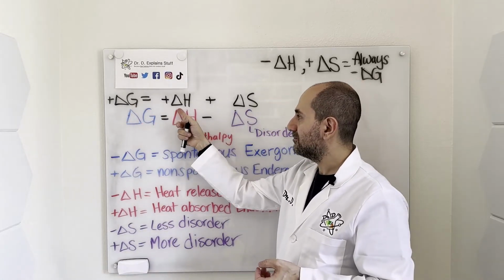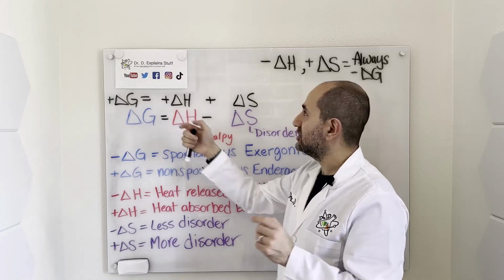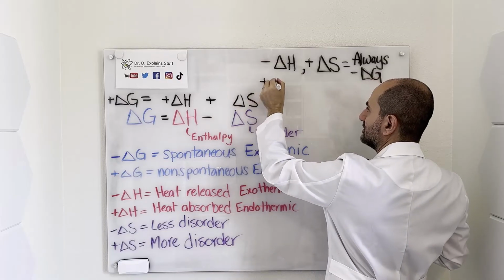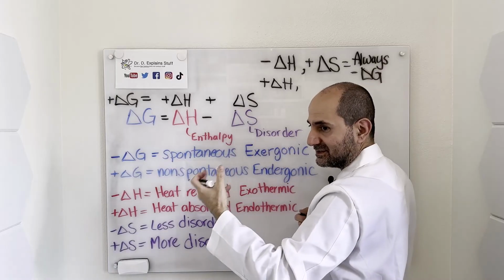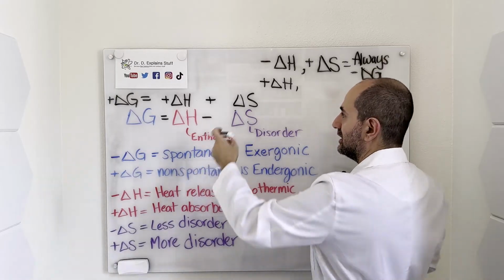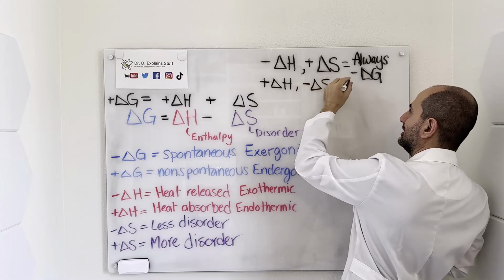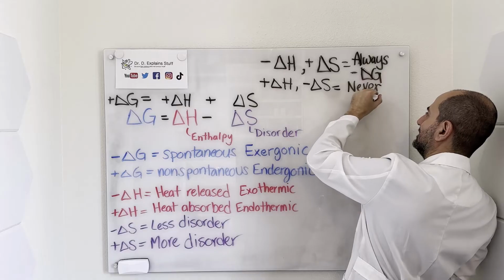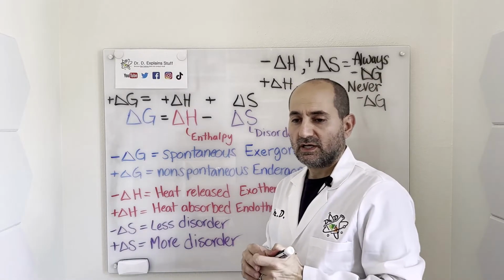So what Gibbs said was any reaction with a positive delta H, which means it's getting cold, it's absorbing heat, it's endothermic, and a negative delta S, is never spontaneous. It's never minus delta G. It's always plus delta G, right? And that makes sense.